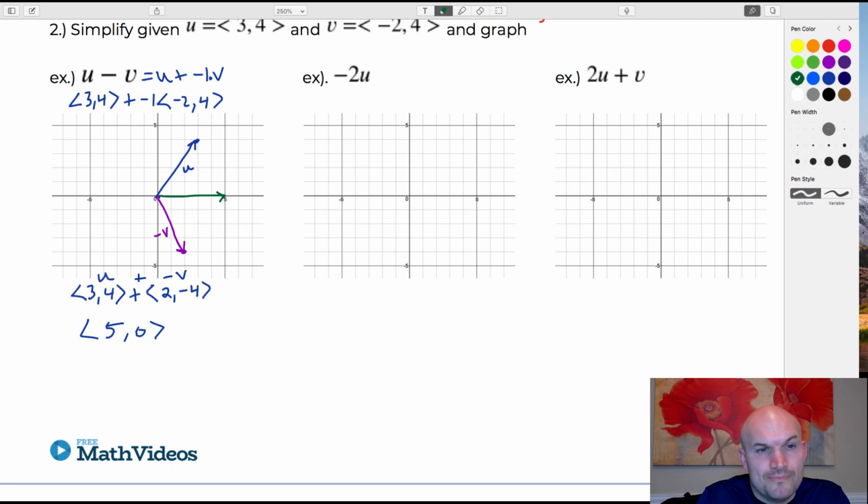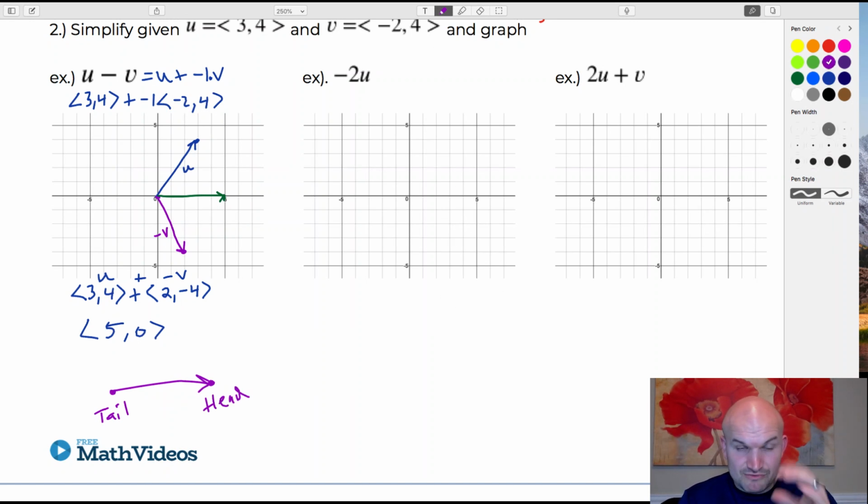All right, so what I was showing my students today was we can use the algebra to find the resultant vector, 5 comma 0. And then when you have a vector like this, this is what we call the tail, and this is what we call the head. To graph this, or to geometrically see how this is happening, you can take the tail of one of your vectors and add it to the head of the other vector.